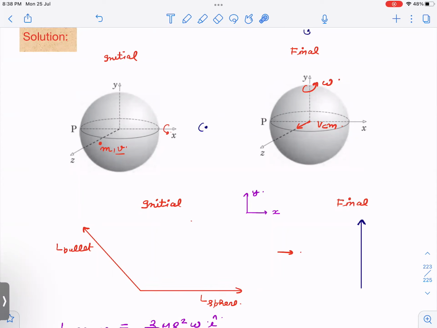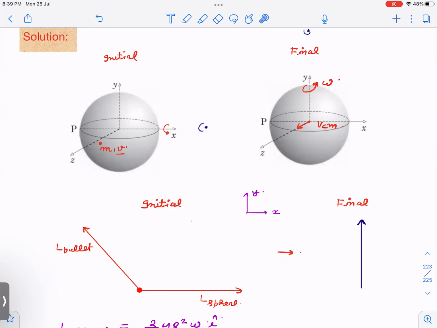And then for the final angular momentum, don't look at this as of now, we will arrive at this. The angular momentum of the bullet is in this direction from this conclusion. This is the argument: initial is this, final is this. So the angular momentum of the bullet must be in this direction so that it can cancel this component of the sphere's angular momentum, and then finally this component is left. Okay, so that is what is going to happen.